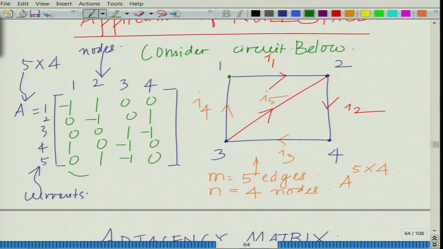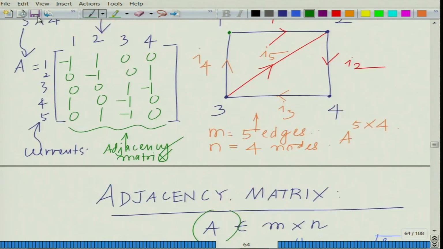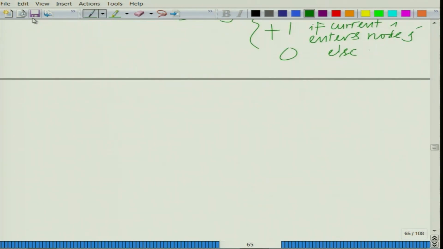So, this is the adjacency matrix. Previously we have seen the vertex matrix, this is different, this is the adjacency matrix. Let me just do a quick check, it is always a good idea to check. All right. Now observe the current vector, consider the current vector.